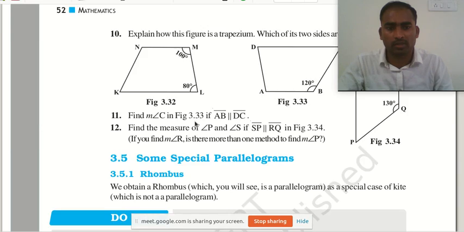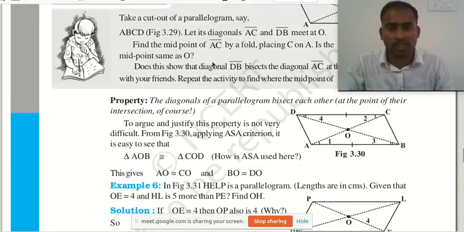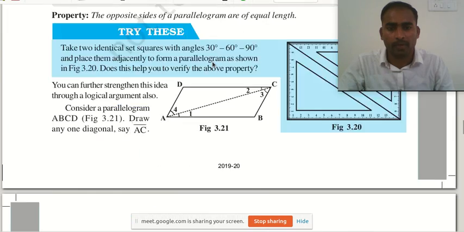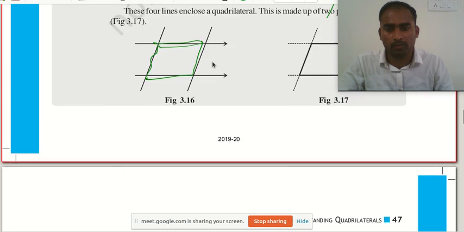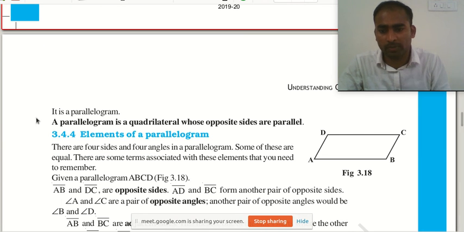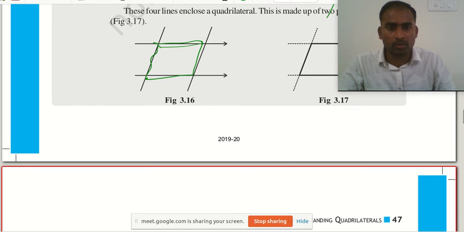Shall I discuss it or shall I stop here and we will listen to Sai Chaitanya's presentation? So we will stop here, no problem. In the next class we will start from elements of a parallelogram. Clear? So thank you.